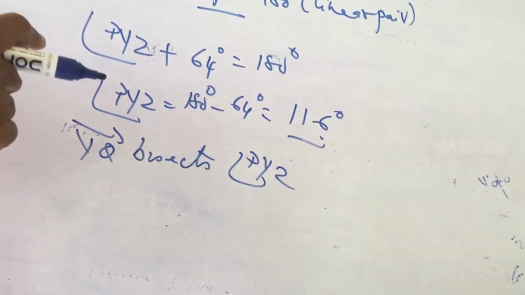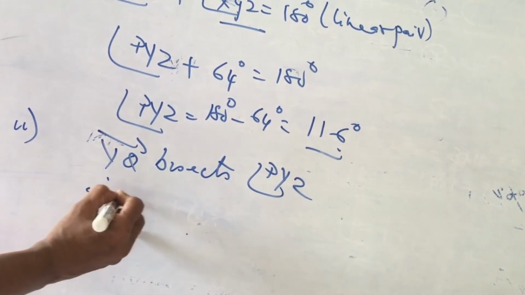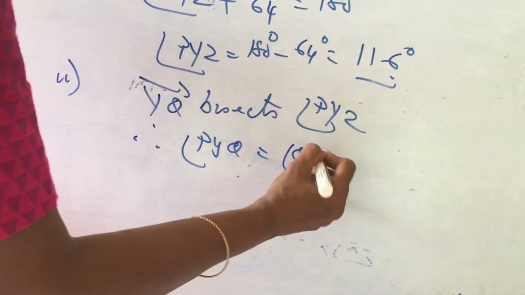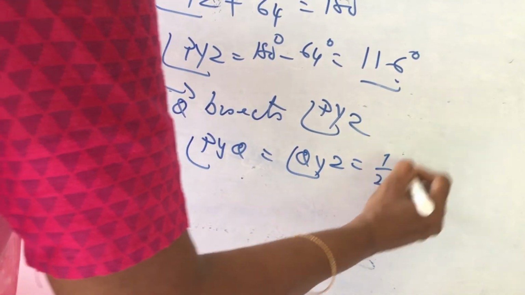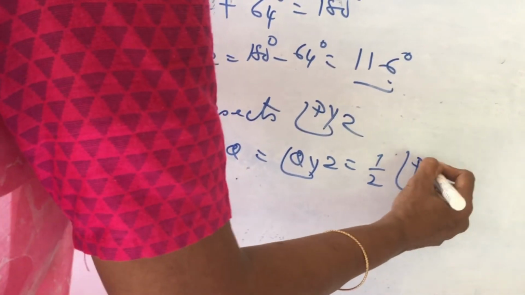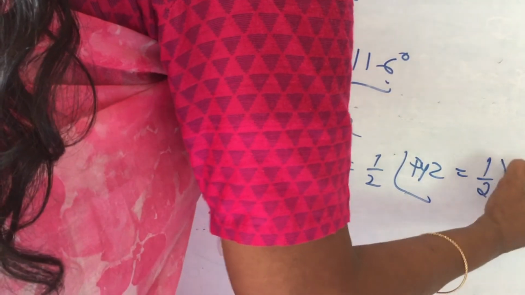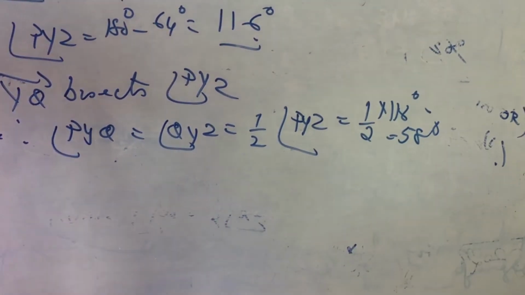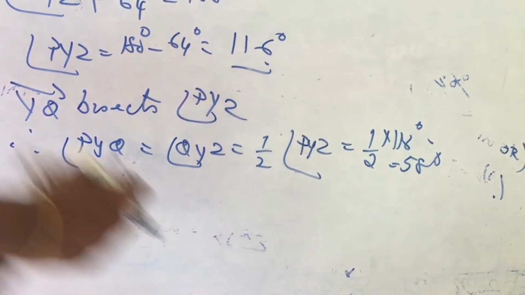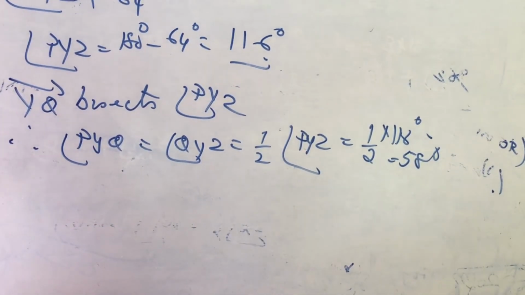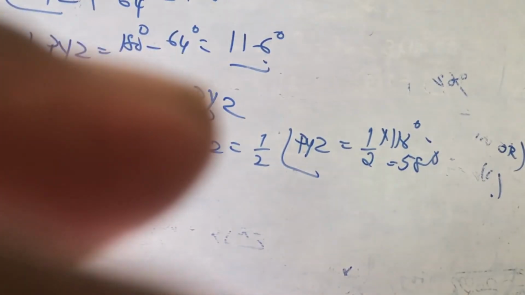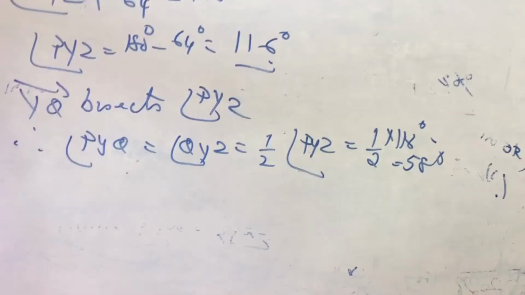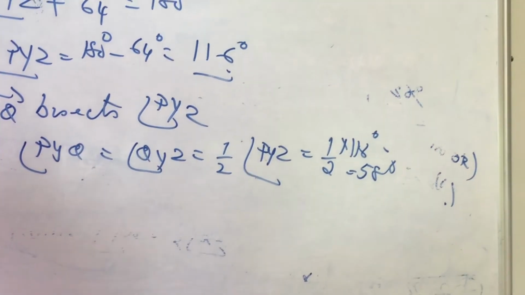Angle PYQ is equal to angle QYZ is equal to half angle PYZ. The full angle is 116. Each part is how much, children? 58 degrees.